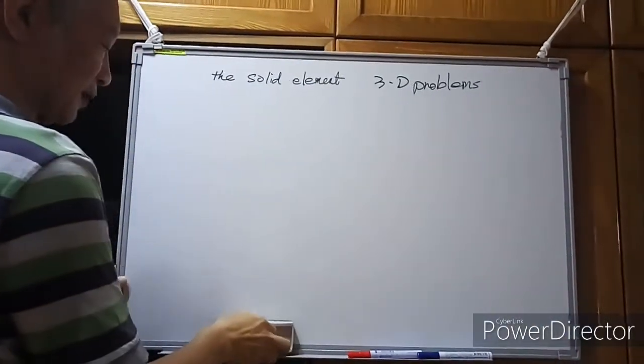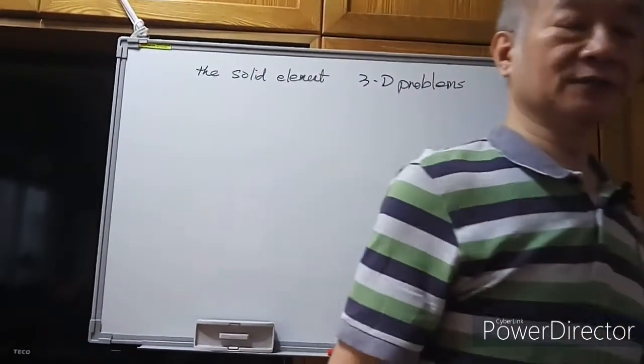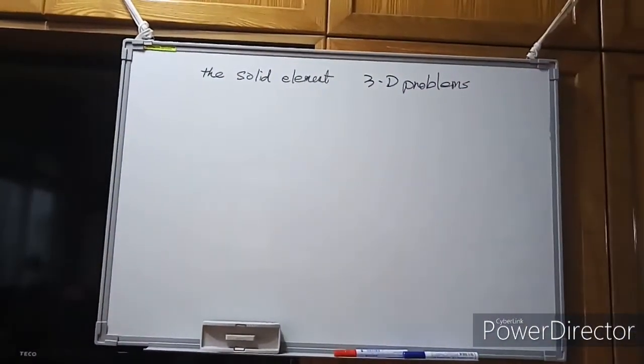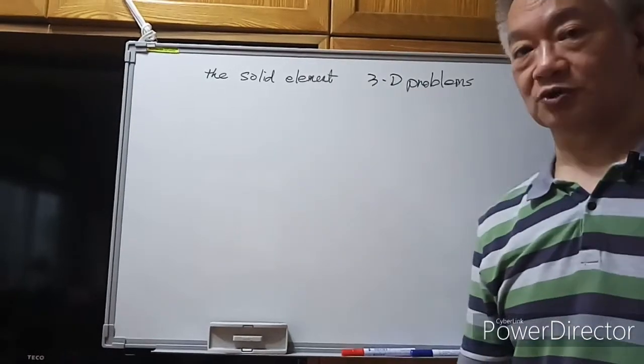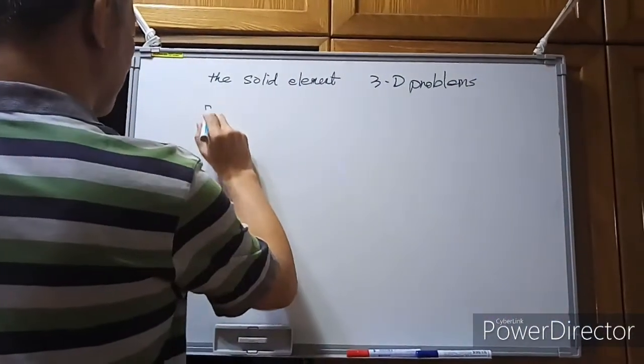Okay, after we define the shape functions, you can also derive the Jacobi matrix. What is the Jacobi matrix?